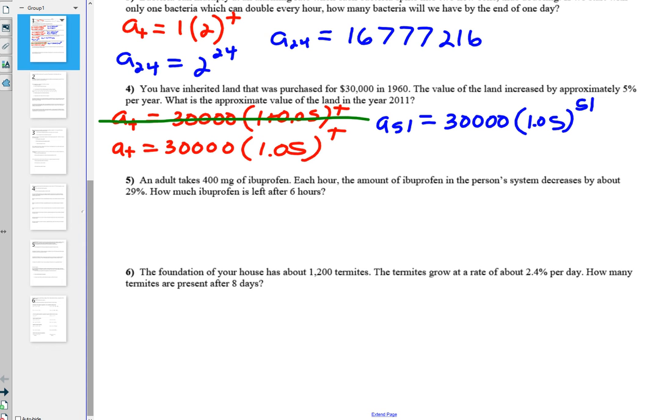This is money that we're measuring, so I'm getting about $361,223.10.